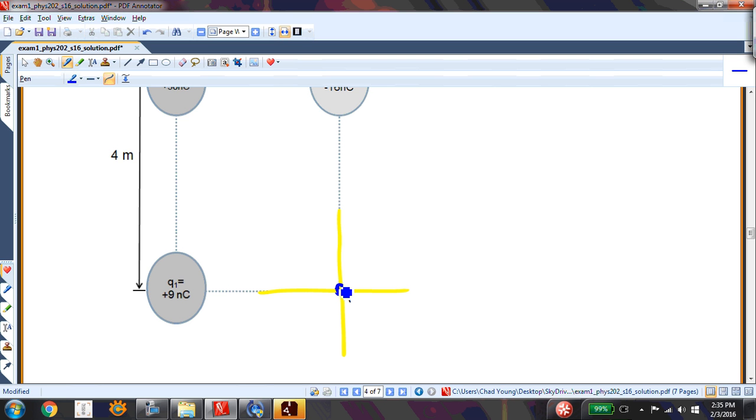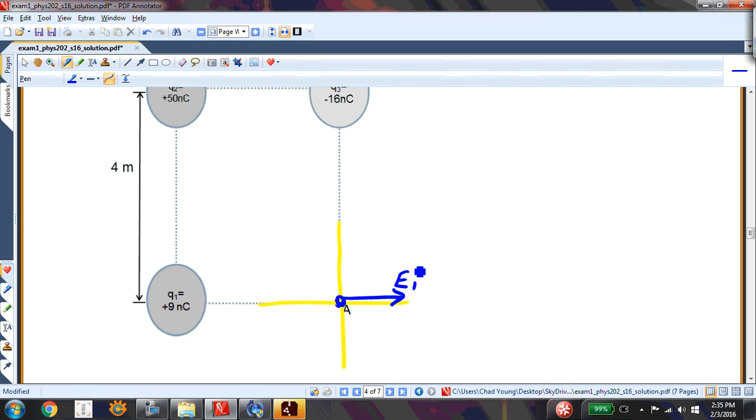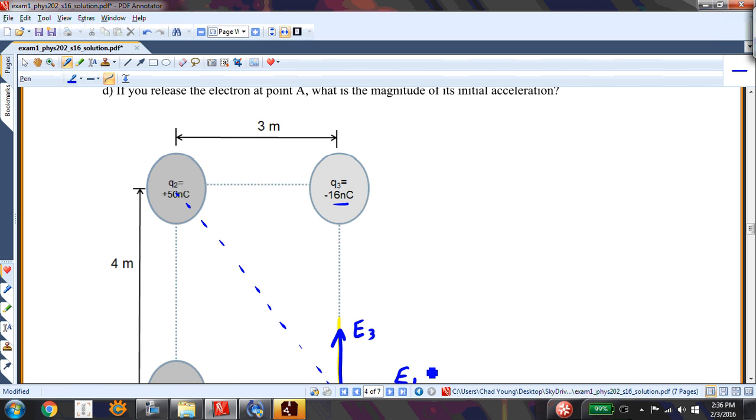I will have an electric field that is to the right. I'll call that E1. Due to Q3 up here, which is negative, it's going to be in this direction. I'll call that E3. And then due to this Q2, it's going to be down in this direction. I'll call that E2.